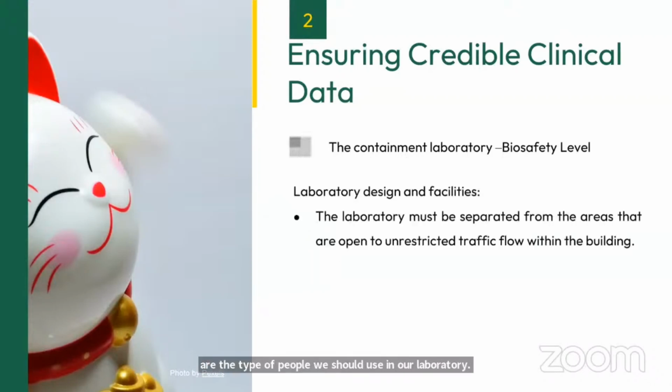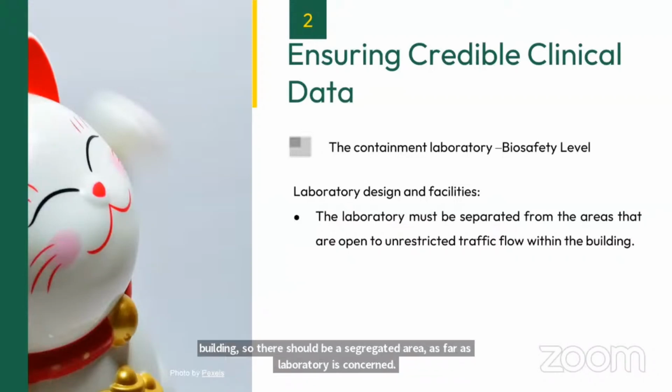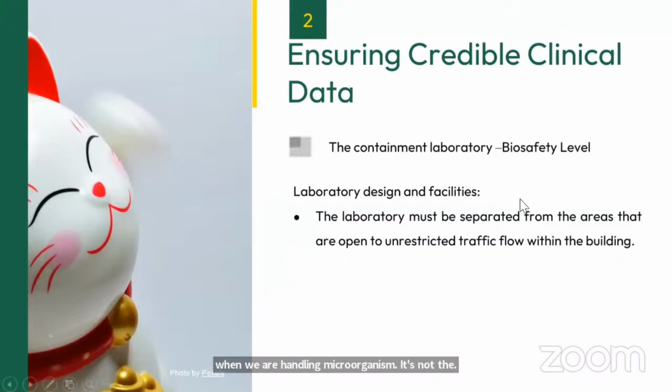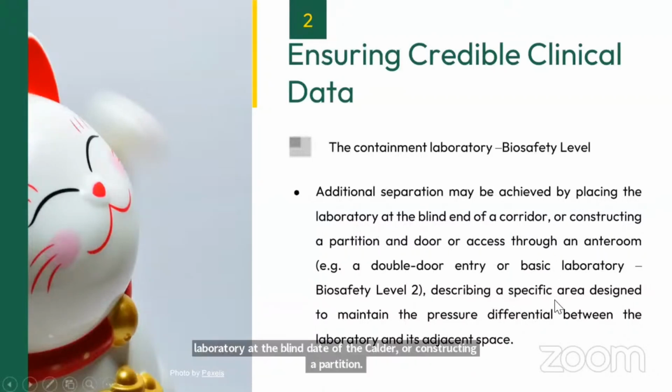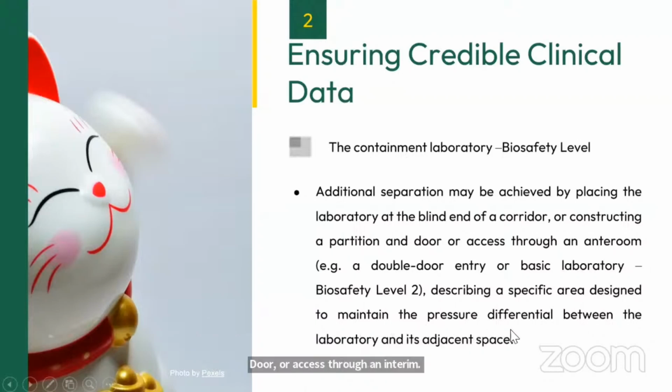Laboratory design and facilities. The laboratory must be separated from the areas that are open to unrestricted traffic flow within the building. So there should be a segregated area for the laboratory, especially when you are handling microorganisms. It should not be easily accessible, and it should be segregated from other areas of your institute. Additional separation may be achieved by placing the laboratory at the blind end of the corridor, constructing a partition door, or providing access through an anteroom, or designing a specific area to maintain a pressure differential between the laboratory and its adjacent space.